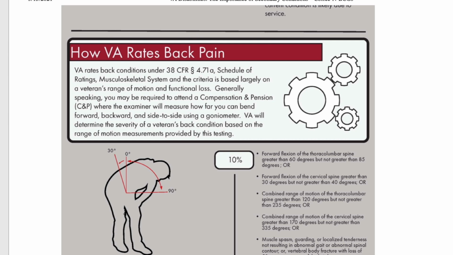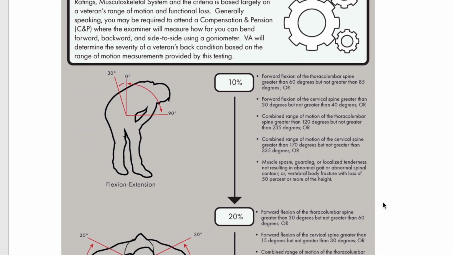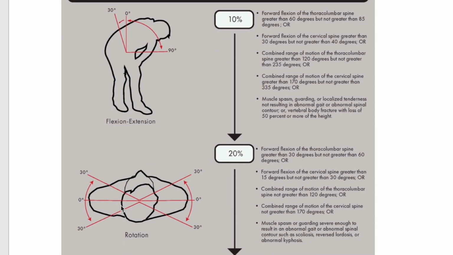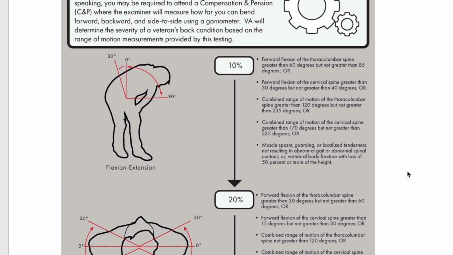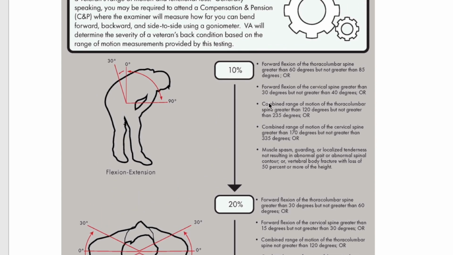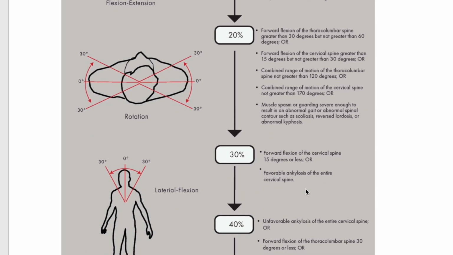So they're going to measure all these things, your flexion, extension here, your rotation, your lateral flexion. And as you see here, 10%. This is the rating criteria. 20%, 30%, 40%.